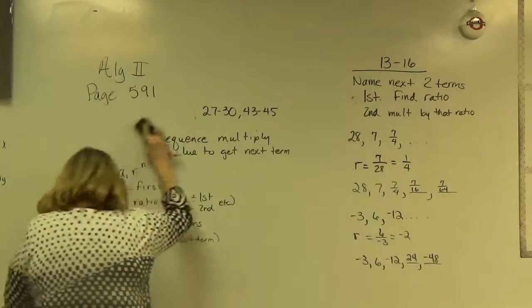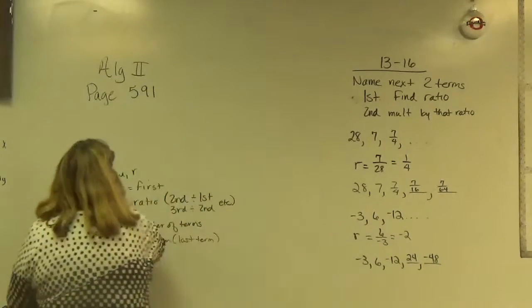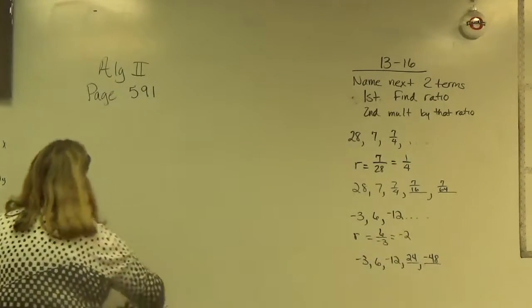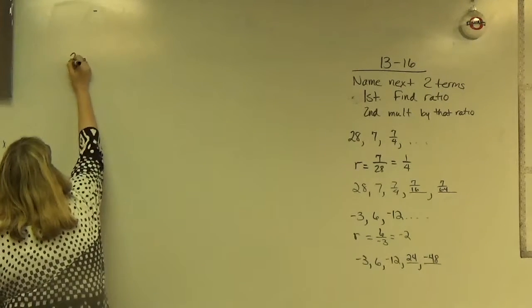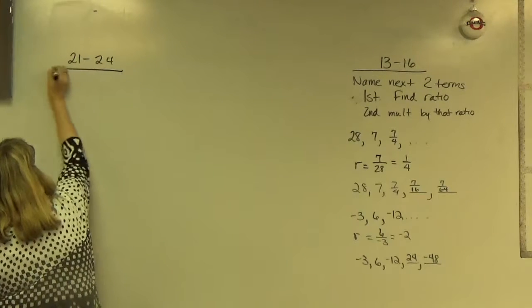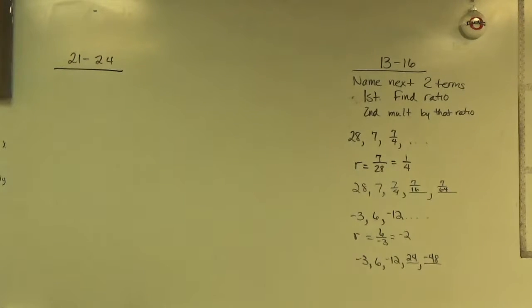Next group is 21 through 24. And on this, the instructions are find the first 5 terms.